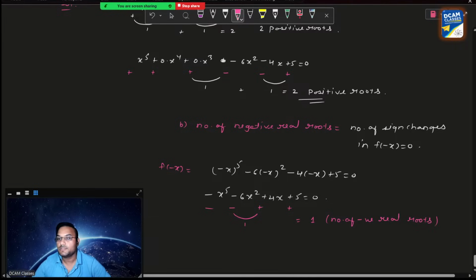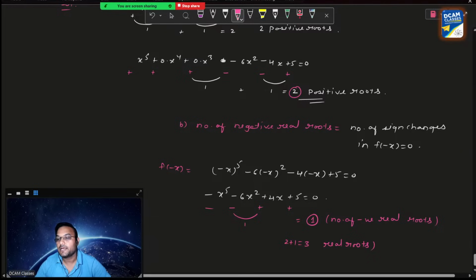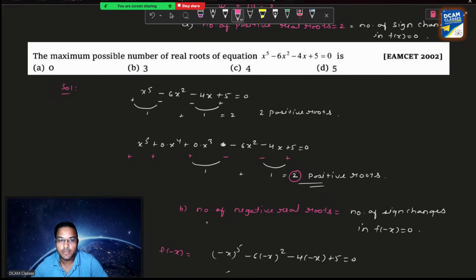So total real roots is 2 plus 1, 3, both positive and negative. Understood? The answer is 3.